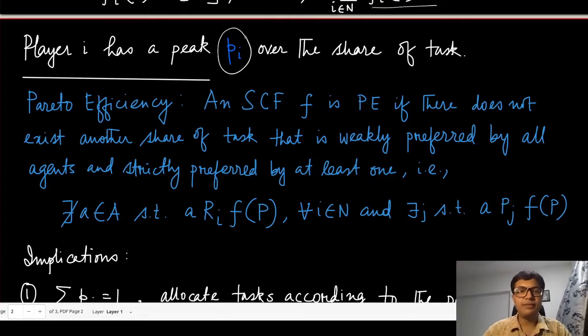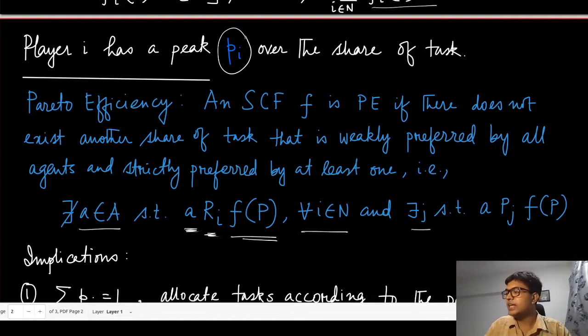If that happens, then we say that this social choice function is not Pareto efficient. So the definition of Pareto efficiency means that there does not exist any other alternative that is weakly preferred to the current outcome by all the agents, and strictly preferred by some agent.